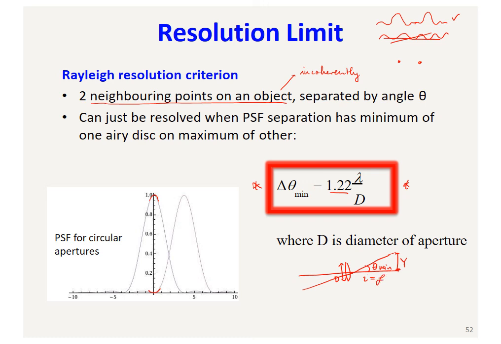So that means that our y is going to be 1.22 times the wavelength times the image distance, which is f, divided by d, which is, notice that we have this ratio f on d, 1.22 wavelength times N, the f-number.